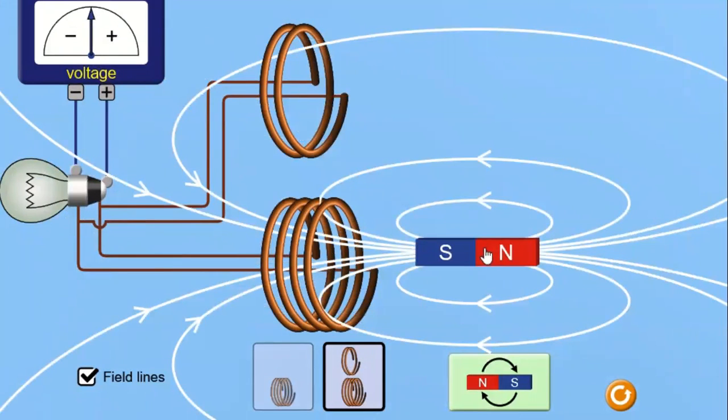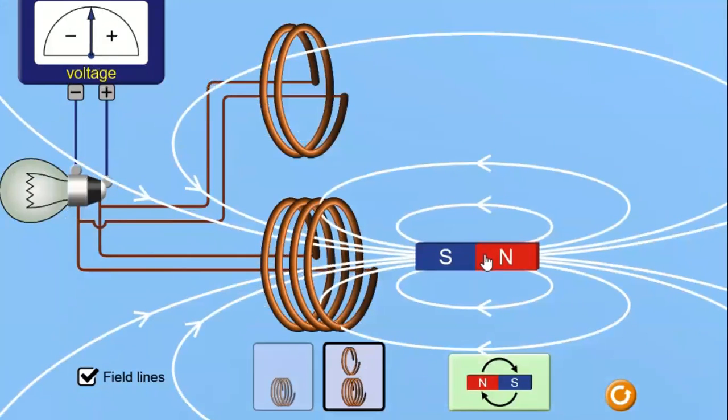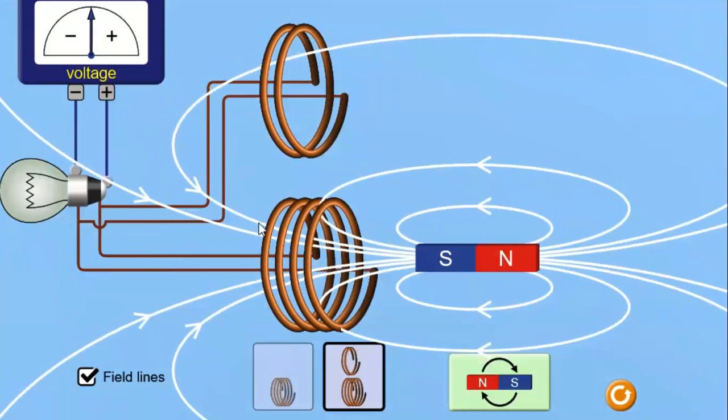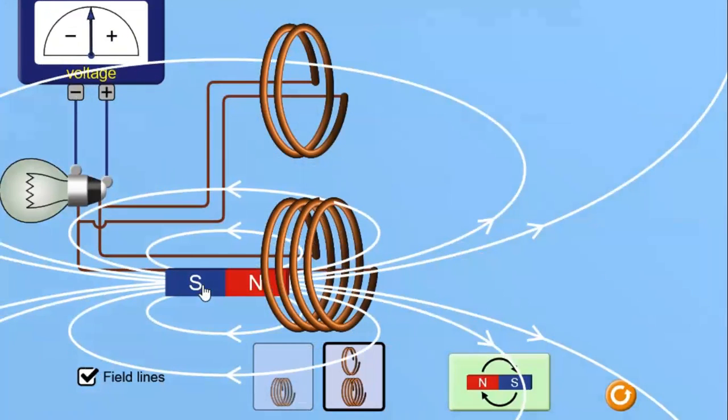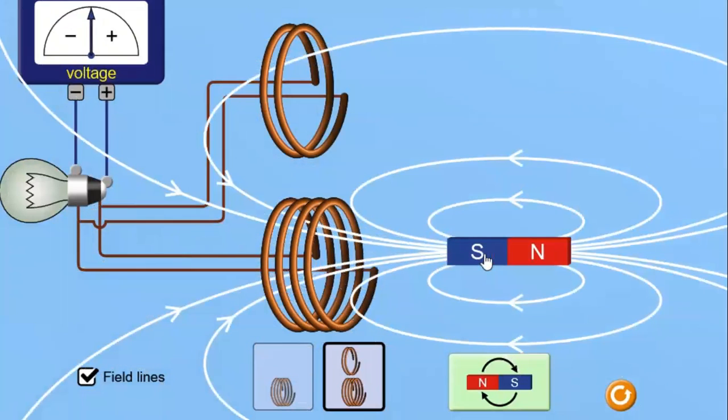The moment the change stops, when I stop the magnet, there is a magnetic field associated with the coil, but the magnetic field is not changing. It's a constant field. Then there will be no induction. There is a momentary deflection when there is a change.